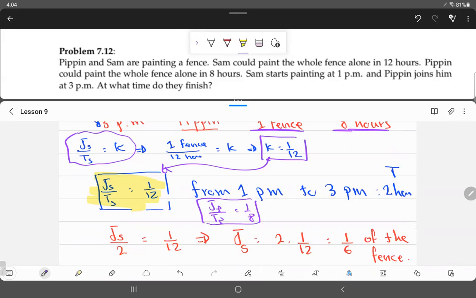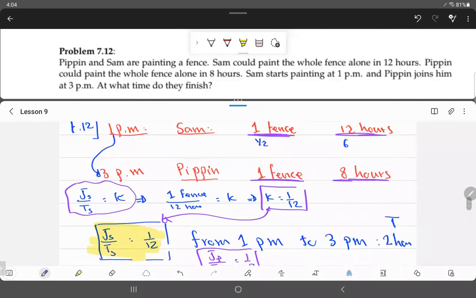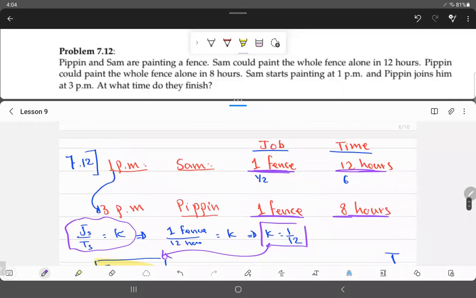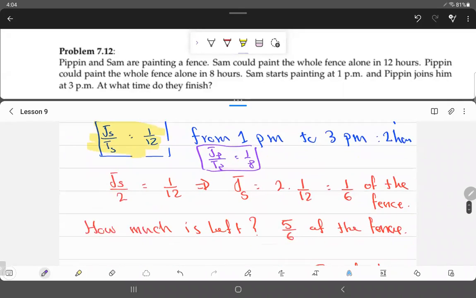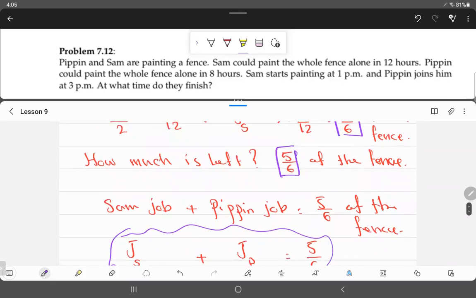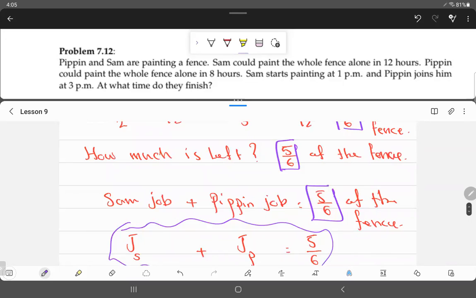But first of all, we need to know exactly what's going to happen when they start together, because the first guy started 2 hours earlier. So we need to know how much he has finished of the wall. We found that he has finished 1 over 6 of the wall. What is left? 5 over 6 of the wall. This is the job, the J. So this J is Sam's job and Pippin's job together.